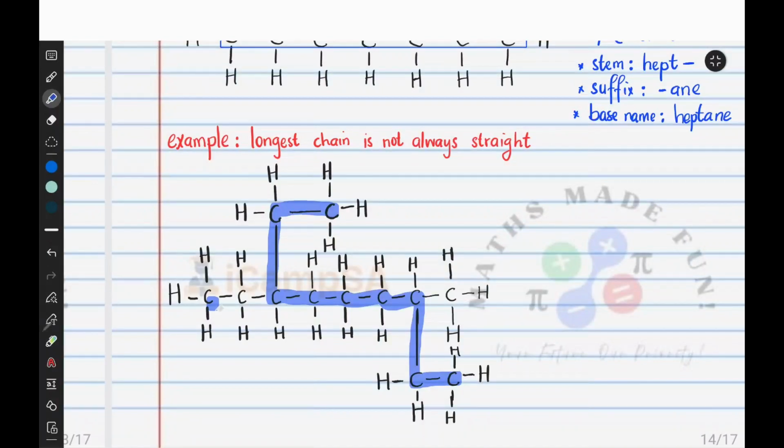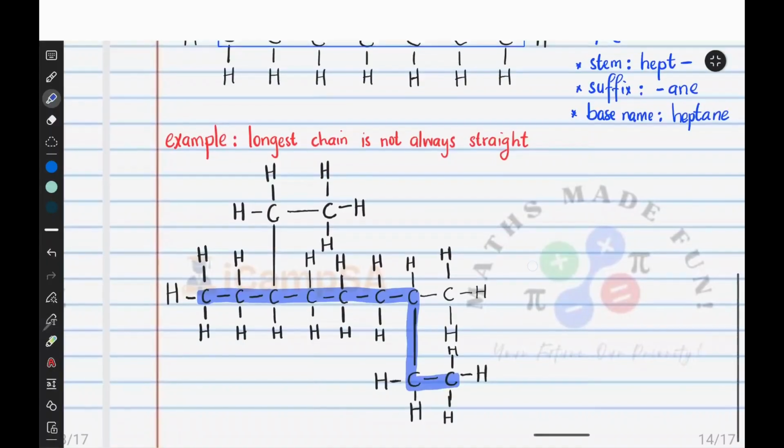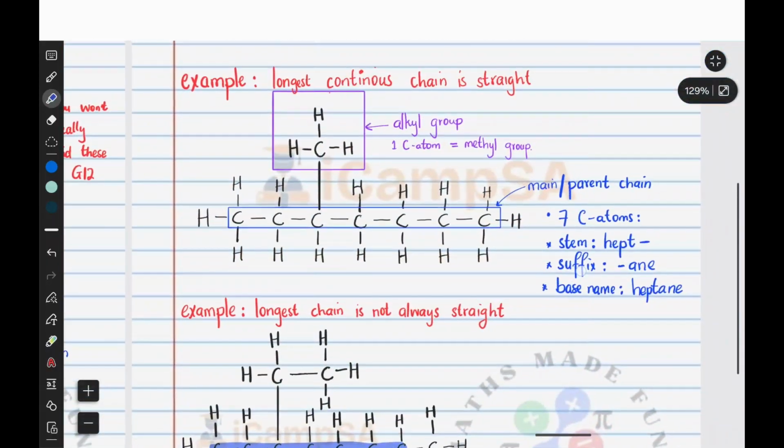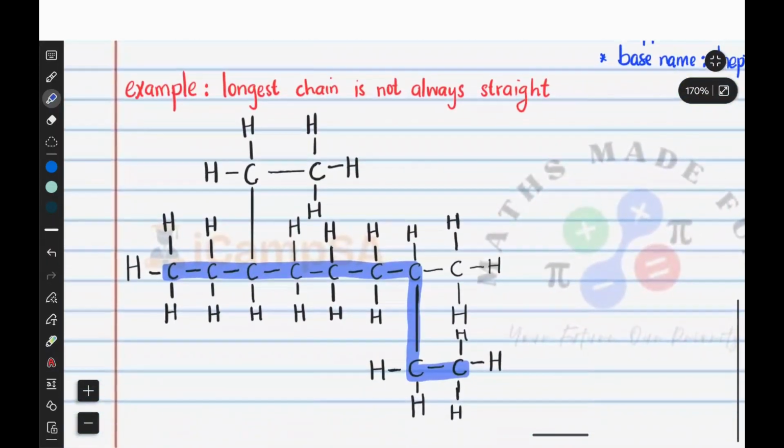So I will pick this as my longest continuous chain for now. That's our long chain. I think we should use the same color.